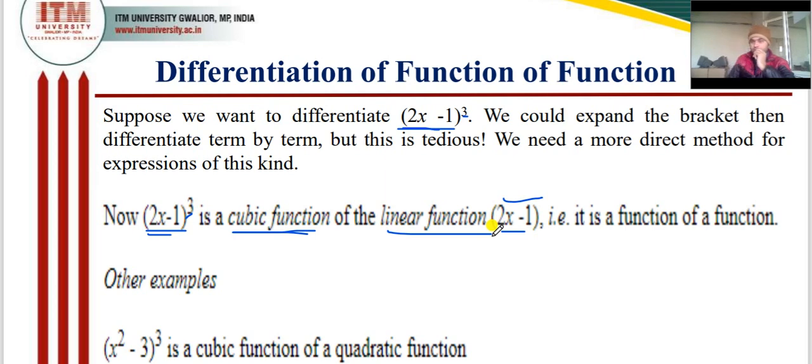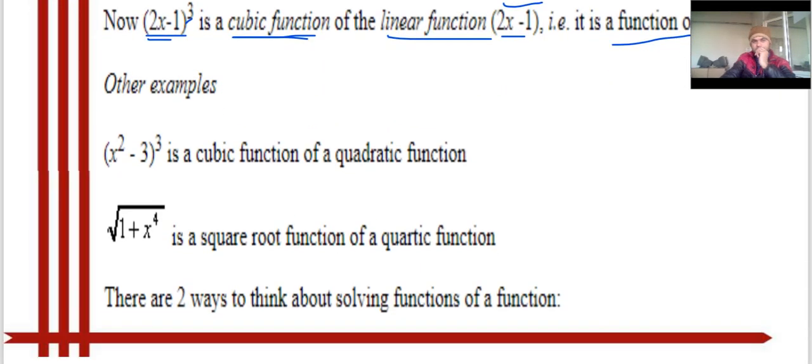So this is a function of function. Let us see some other examples, like (x square minus 3) to the power 3, which is also a cubic function, and (1 plus x) to the power 4 under a square root, which is a square root function also.